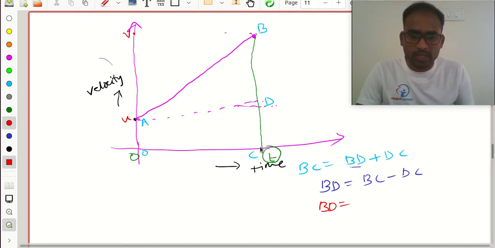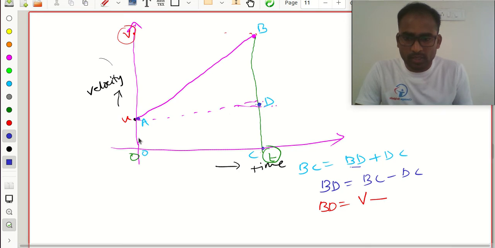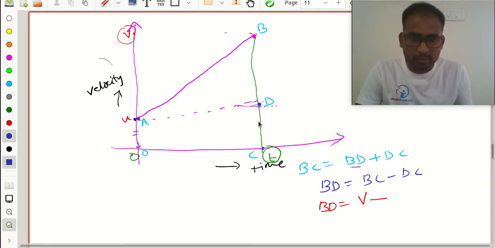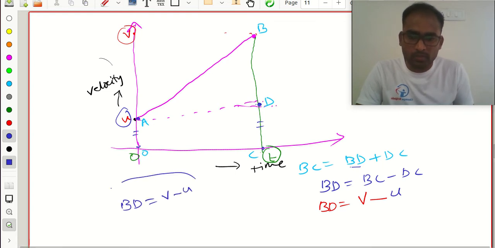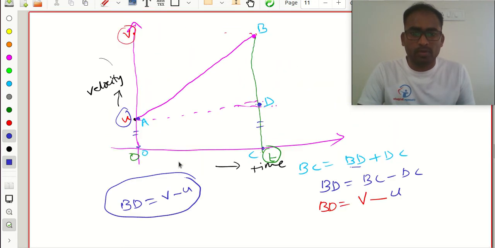From here to here, B and C, we are having the final value V. So V minus what is DC? This DC is from here to here, and this DC is equal to OA also. We are having the same length. So how much is it? Here also that U. So we got that BD is equal to V minus U, means final velocity minus initial velocity.